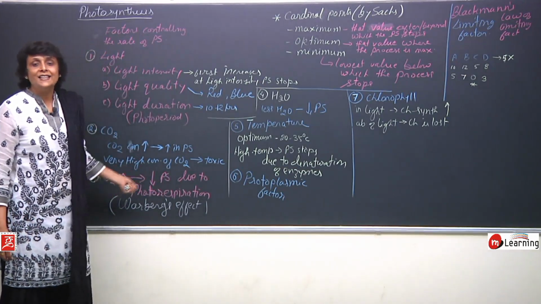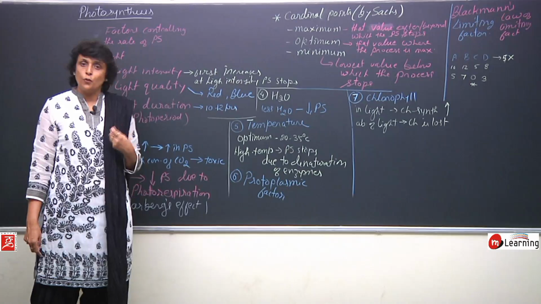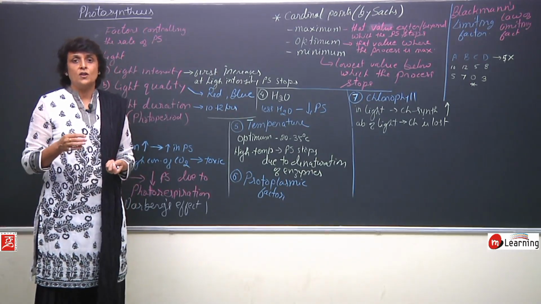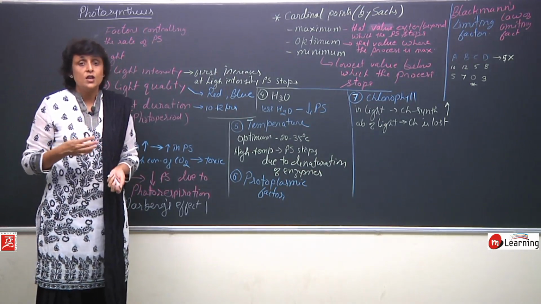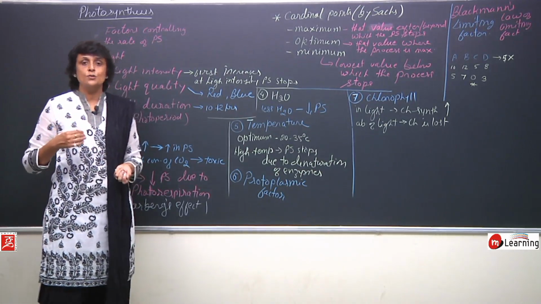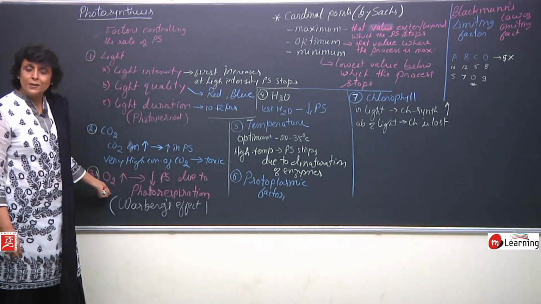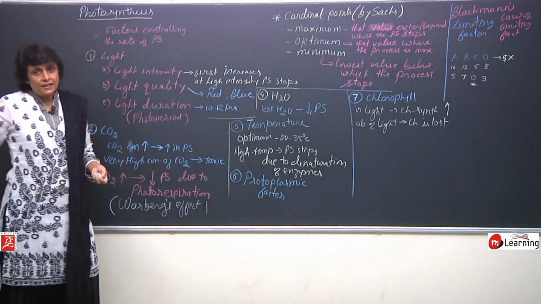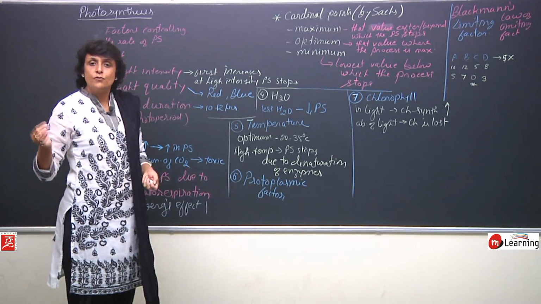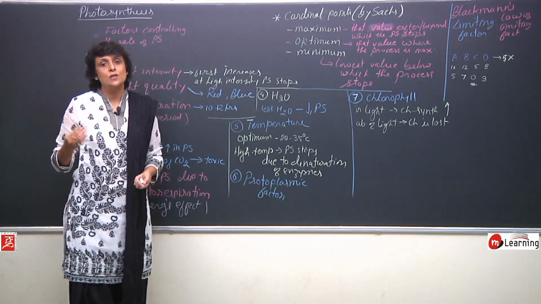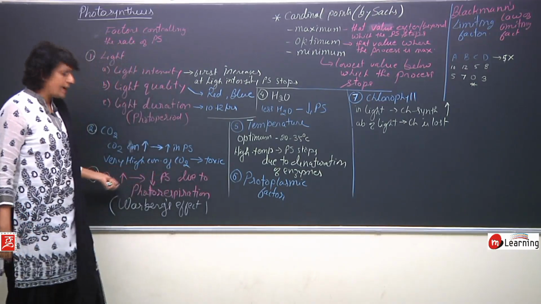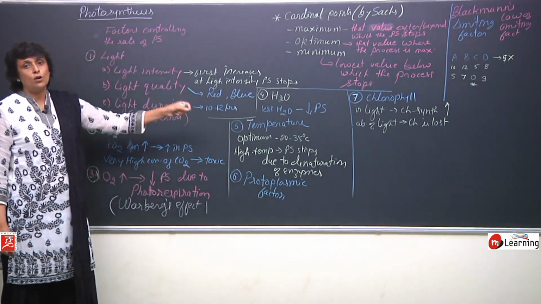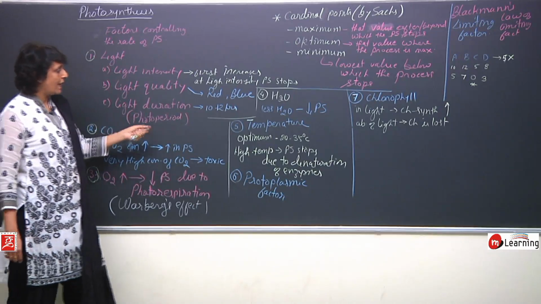Though it is not directly required for the process of photosynthesis, in photosynthesis, ATP generation or energy requirement, which is for all these reactions to take place, are due to aerobic breakdown. So though photosynthesis is a separate part, the energy requirement also comes from mitochondria and it uses oxygen. So it will affect the aerobic processes and ATP synthesis. So that will also indirectly act as a limiting factor.